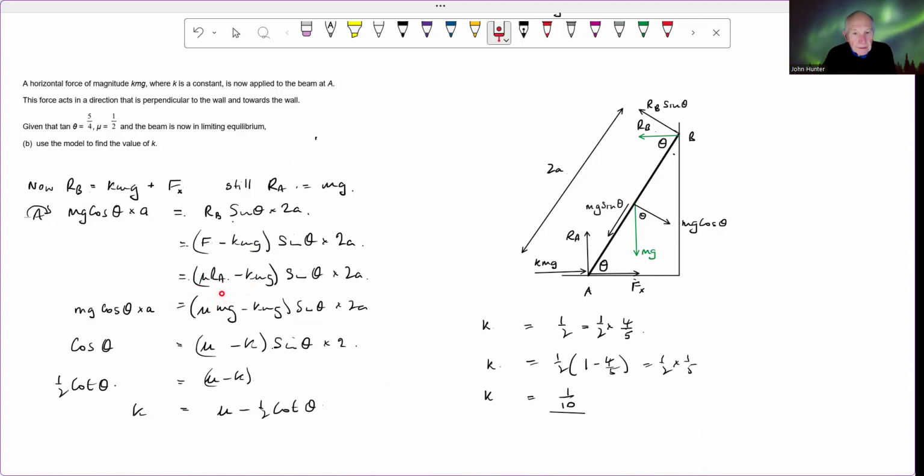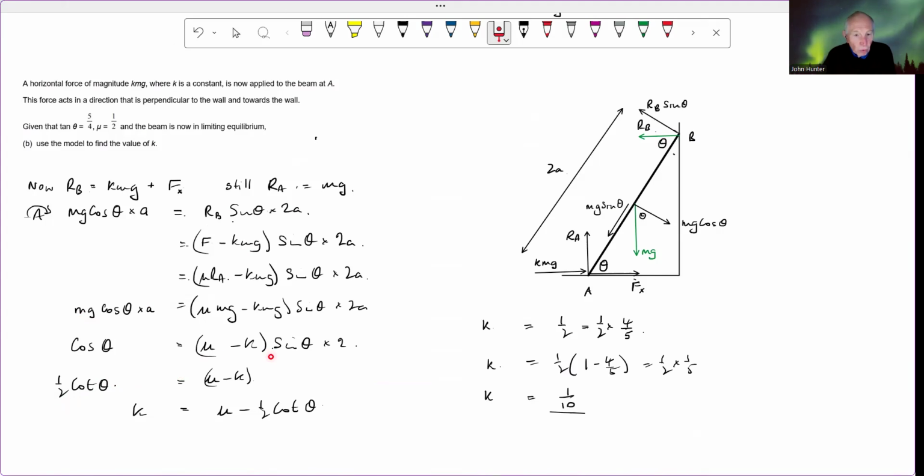So in entirety, this is what we've got now. Similar to before, but we've got kmg in there. It's an equality. So again we got cancellation in mg and a going on. That's going to make it nice and simple.